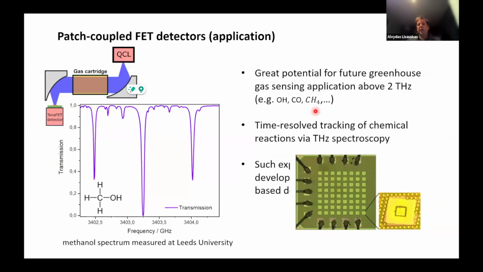And one unique example which we are working on right now is that we have the possibility to make arrays, not a single device. That's how a single patch would look in a very standard CMOS technology. You see here in the center is the patch, so this is the receiving antenna. We cannot see the transistor, which is submicron. The patch here is already something like 13 by 13 microns or 10 by 10 microns.